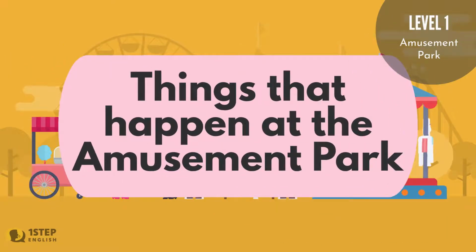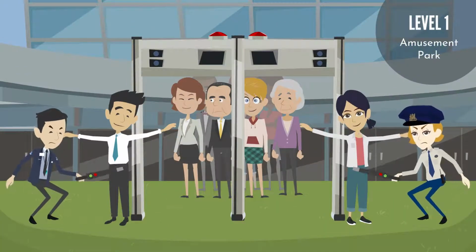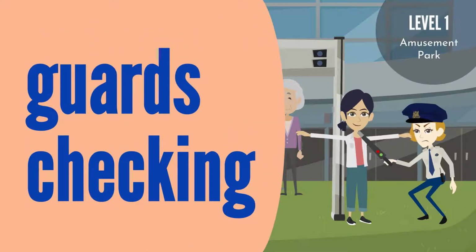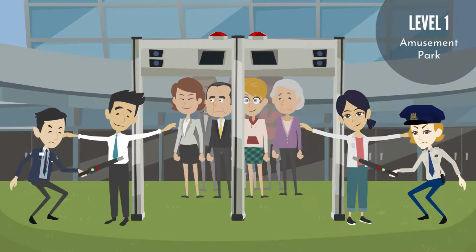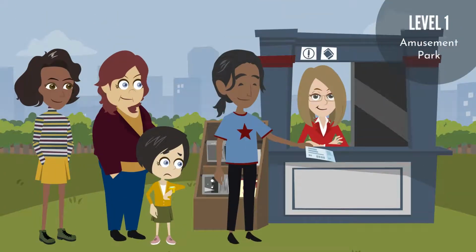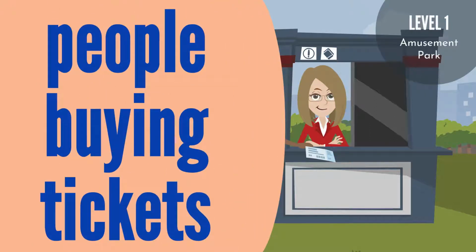Things that happen at the amusement park. Guards checking. People buying tickets.